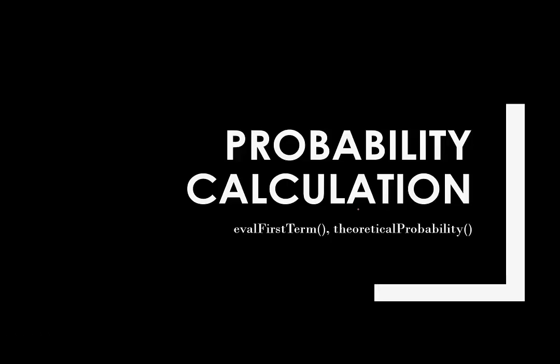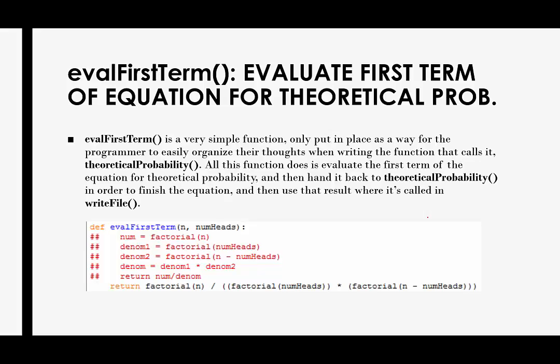Which includes eval first term, which just evaluates the first term of the equation that is set up in theoretical probability. So that's exactly what it does. There's all this code right here. Basically what it's doing is, where did I write that down?